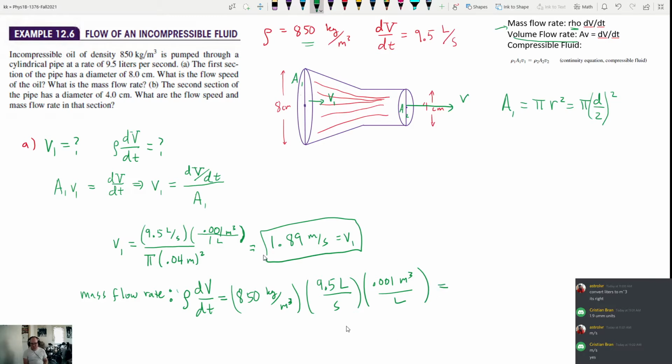And we get, this should be about 8 kilograms per second. So I got 8.1 kilograms per second. The meters cubed cancels out with the meters cubed. You're just left with kilograms per second. So that's our mass flow rate.